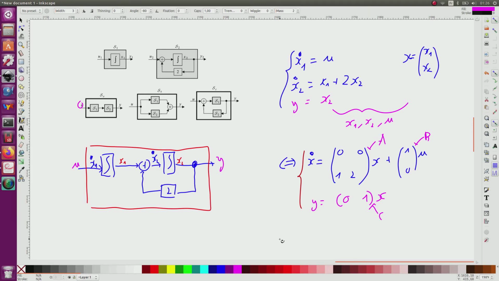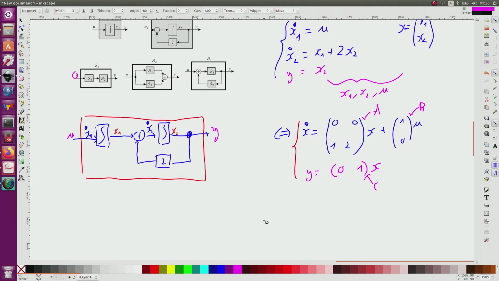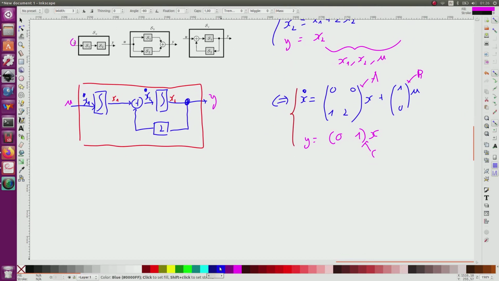Now, if I want to find, as required by the exercise, the transfer function, I can do as follows.